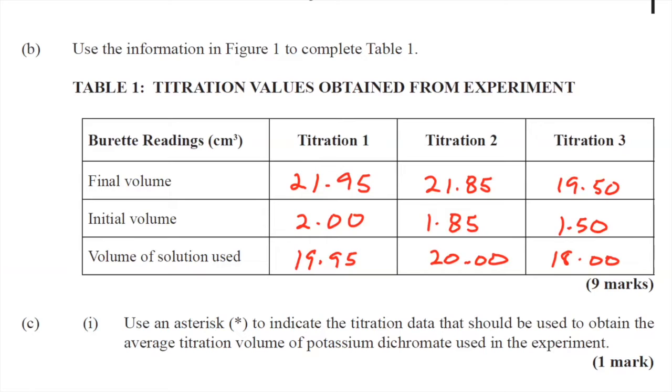And here we're seeing that these 2 readings are close in that they differ by less than 0.1. They differ by 0.05. So we're going to use the volumes from titration 1 and titration 2. We're going to bear these 2 readings in mind, and we're going to apply them to the questions that follow.